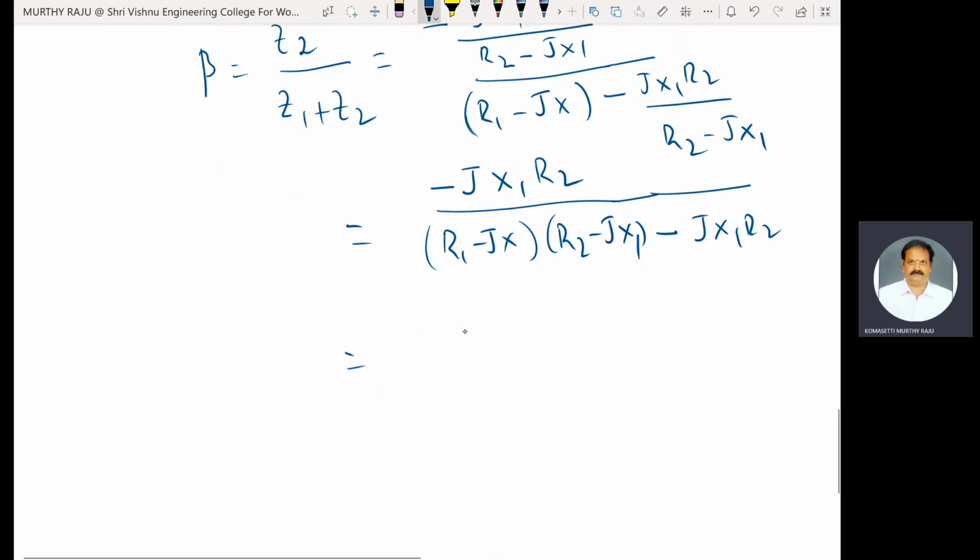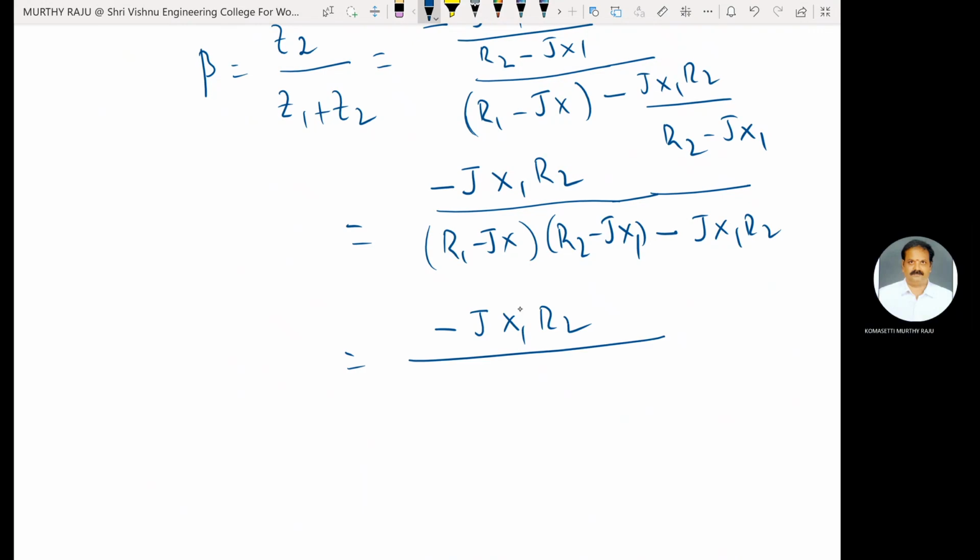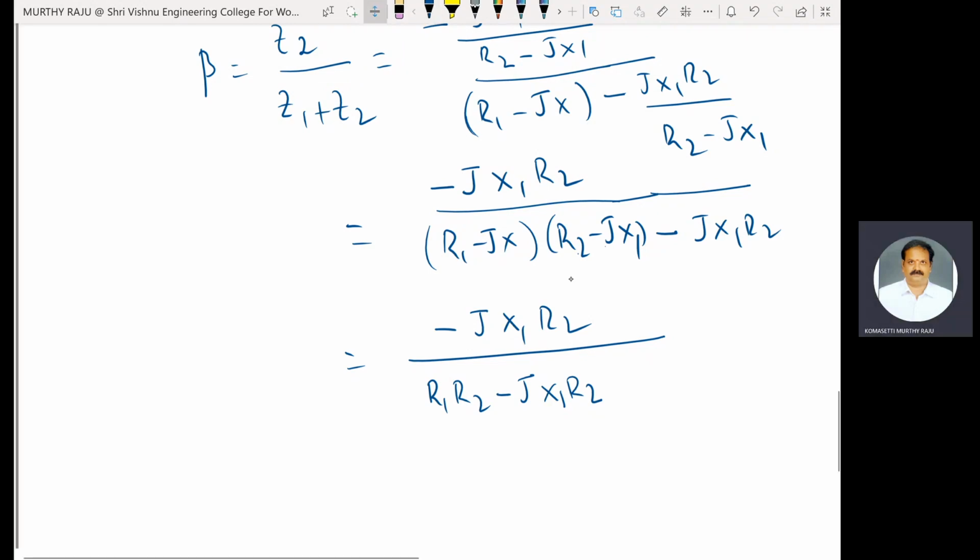That is equal to minus j x1 r2 by r1 r2 minus j x1 r2 minus j r1 x1.